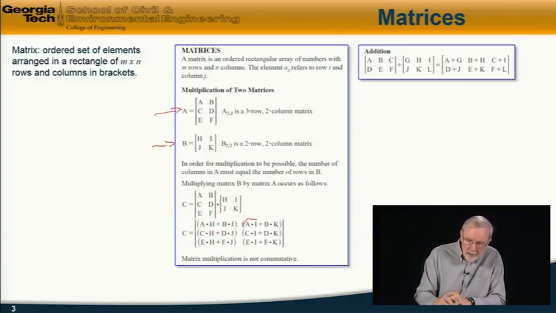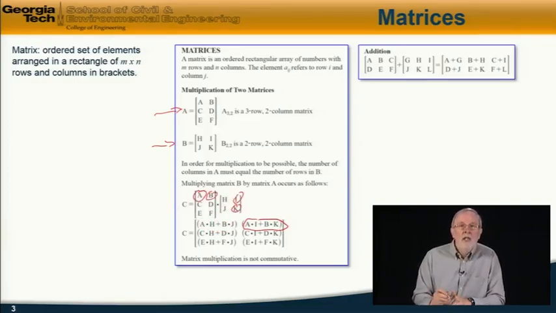And the second one here, this one, is A times I plus B times K, etc. Those are the rules for multiplying matrices together.